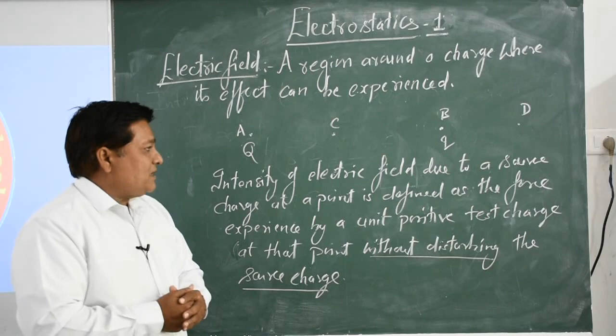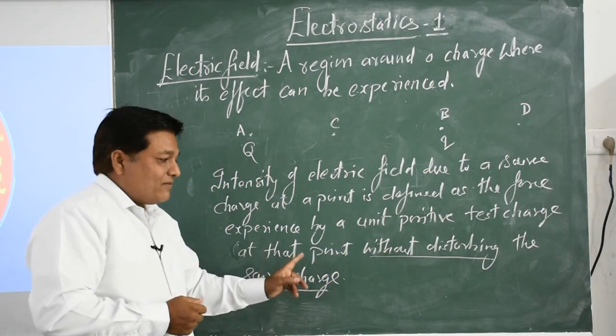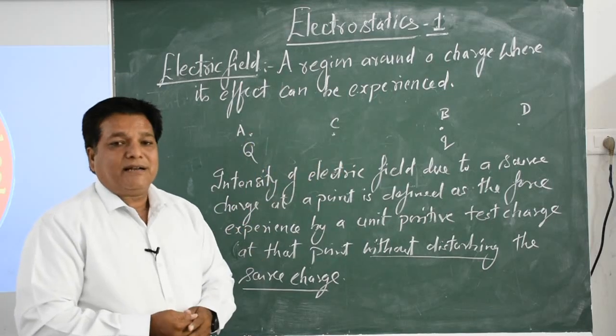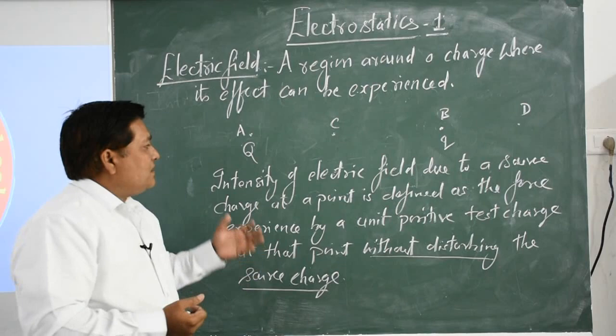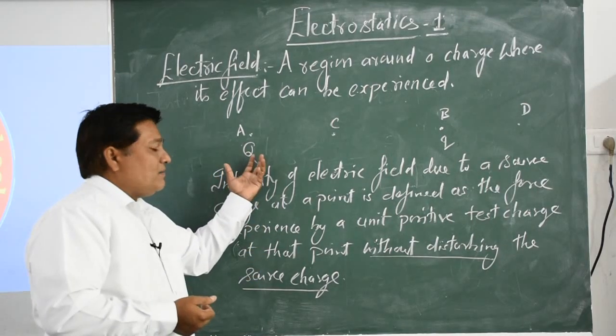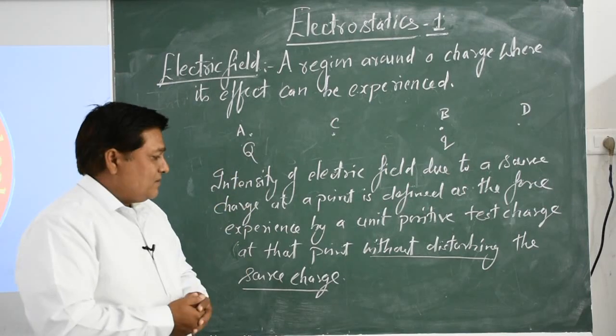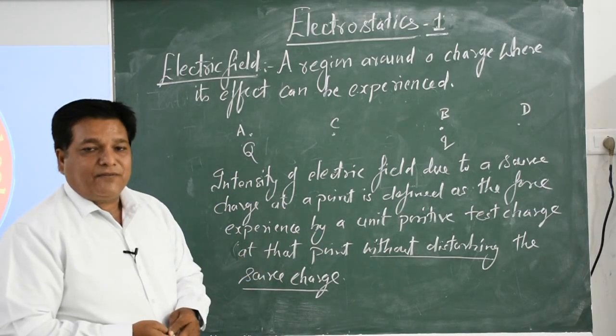This is the condition for not disturbing the source charge. Otherwise, the test charge will create its own field. When it creates its own field, then the field created by the source charge will be disturbed and it will move from its place. So this is the definition of the intensity of electric field.